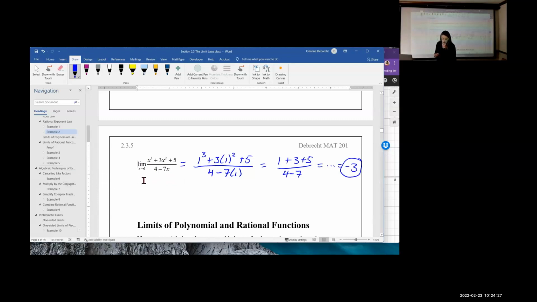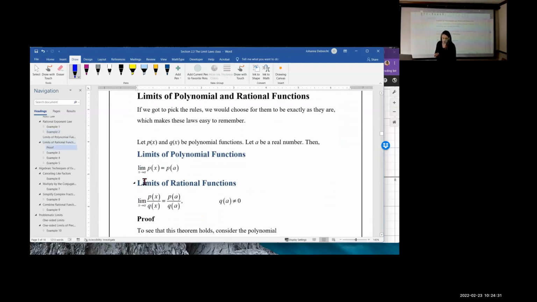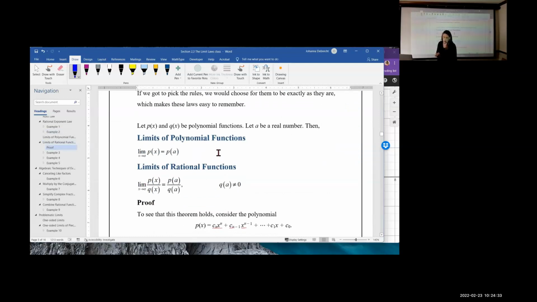Let's take a look at the limits of polynomial and rational functions. The limits of a polynomial function, this is what we've been doing when I said this is the way we actually do it. If we have a polynomial, we plug in what the x value is approaching and the limit is p of a.